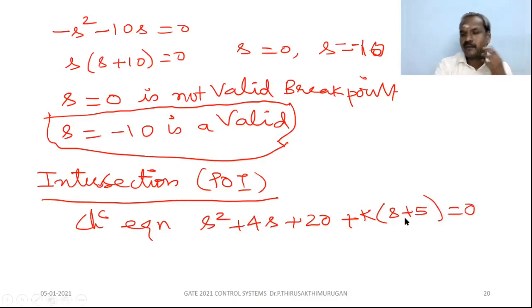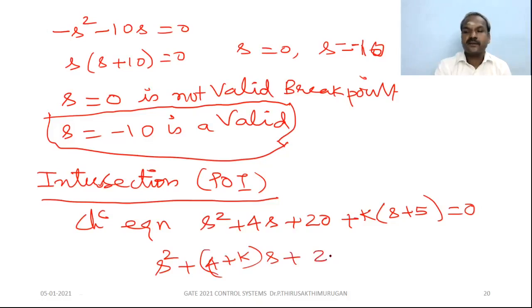Understand? The numerator part comes here. So s square plus 4 plus k times s plus 20 plus 5k.